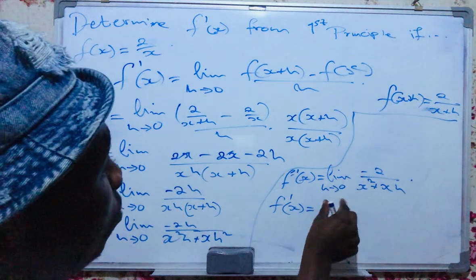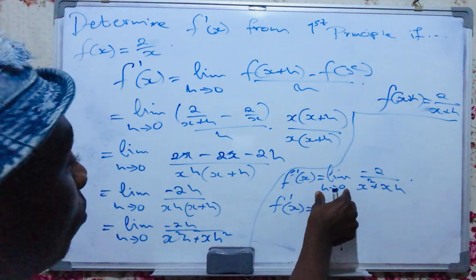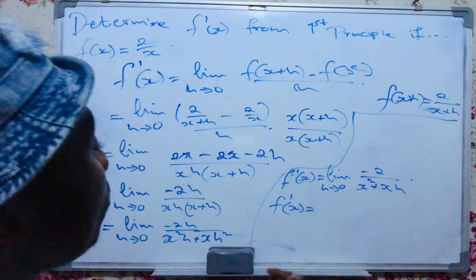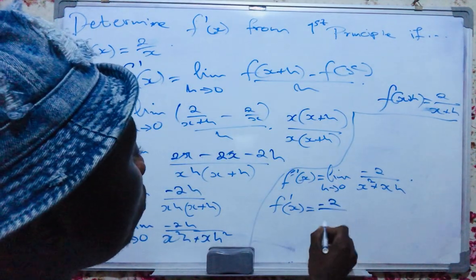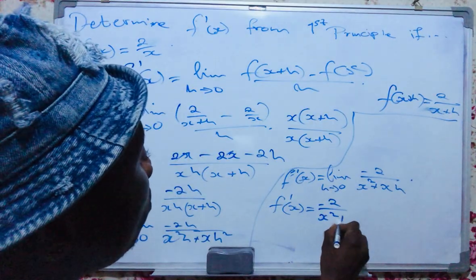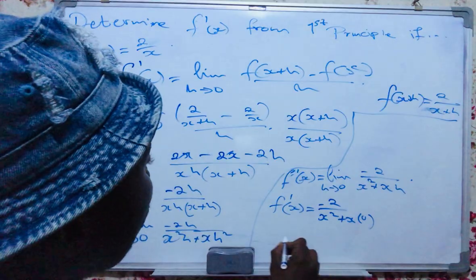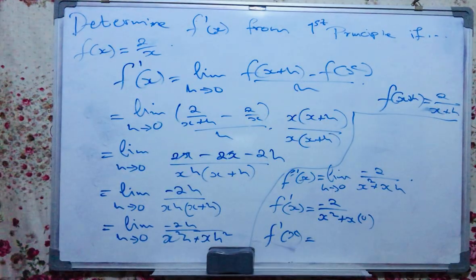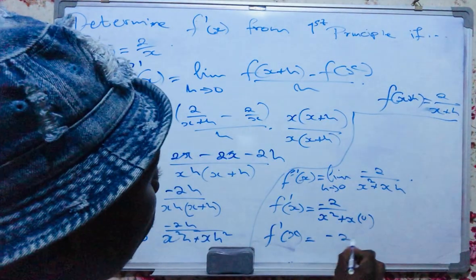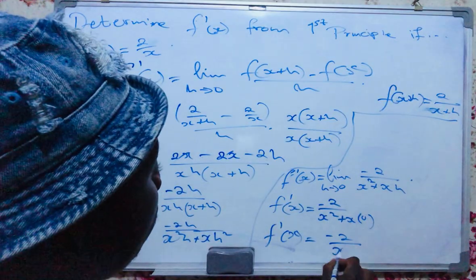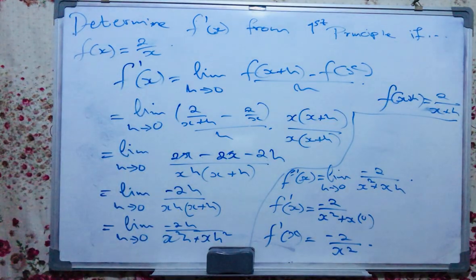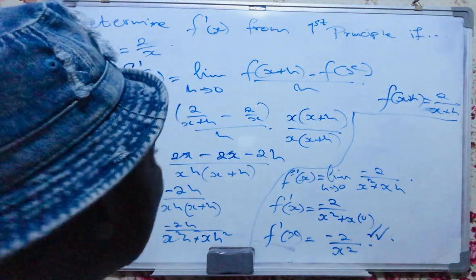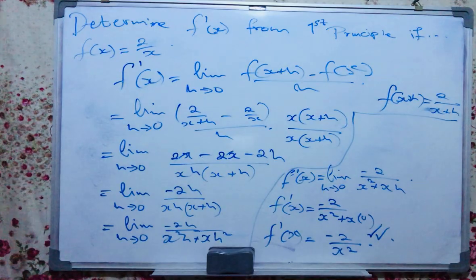So if we substitute h as 0 in our limit there, it would be minus 2 all divided by x squared plus x times 0, which states in conclusion that our derivative of f of x is minus 2 all divided by x squared. I assume that is pretty much clear, or if there are any questions, feel free to ask, and then we'll engage from there.